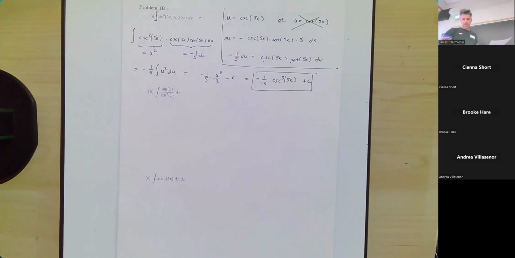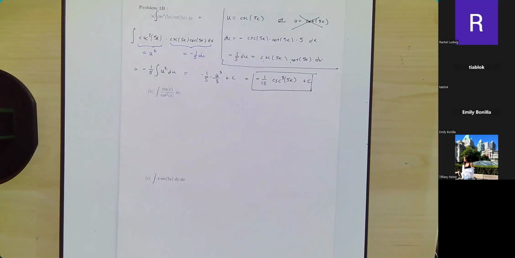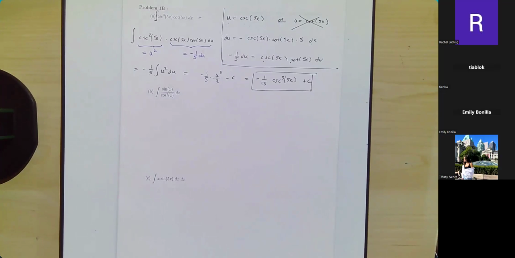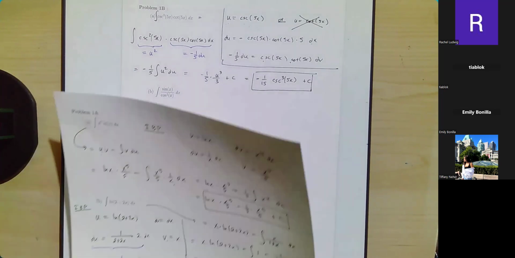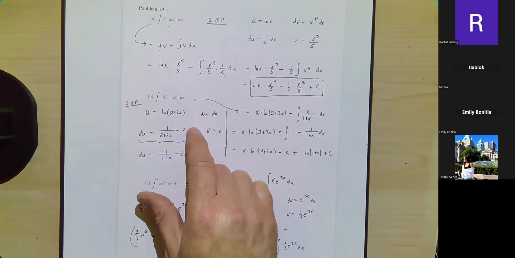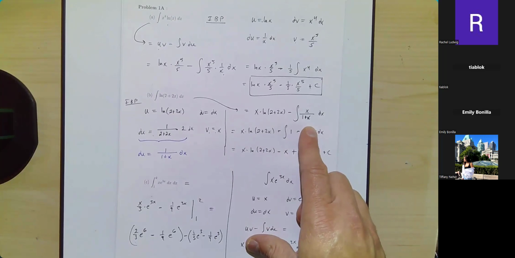Whoever that is, if you want to let me know what question you were asking about the use of u sub from problem 1A part B, oh, sorry, 1AB. Do you specifically mean the original integral, or do you mean when we got to this x over x plus 1 here?